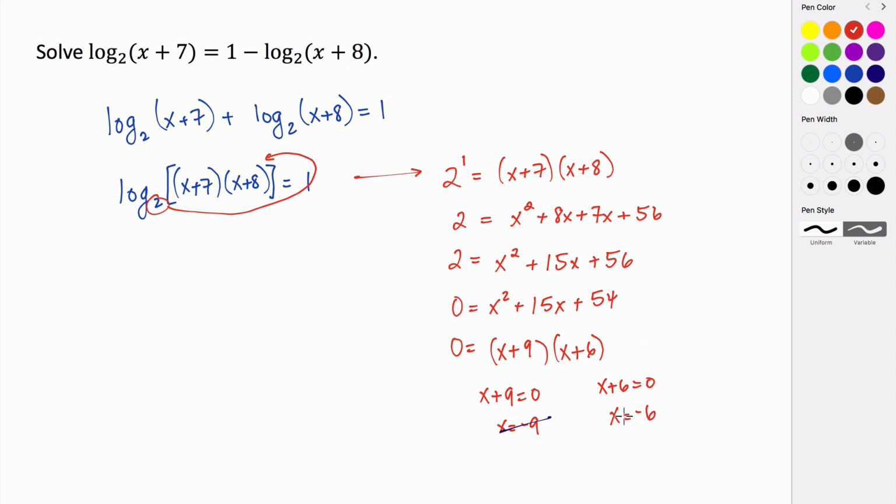But if I plug in negative 6, negative 6 plus 7 is 1, and negative 6 plus 8 is 2. So this should work. Our only solution is that x equals negative 6, because negative 9 makes the argument negative for each of these logs.